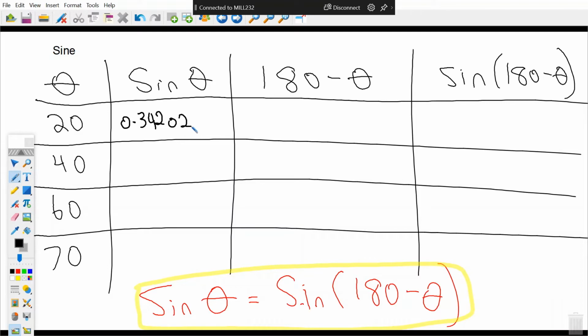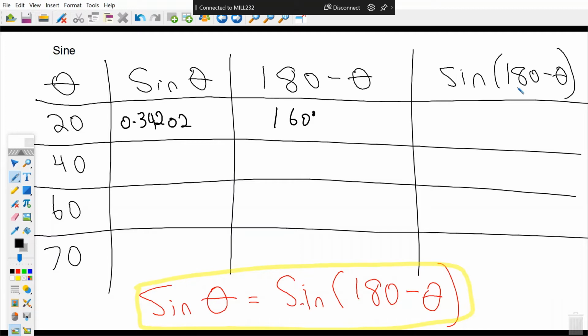Now, the next part of the table says, what is 180 degrees minus our angle? Well, 180 minus 20 would be 160 degrees. And the final part asks, what is the sine of that angle? What is the sine of 160 degrees?